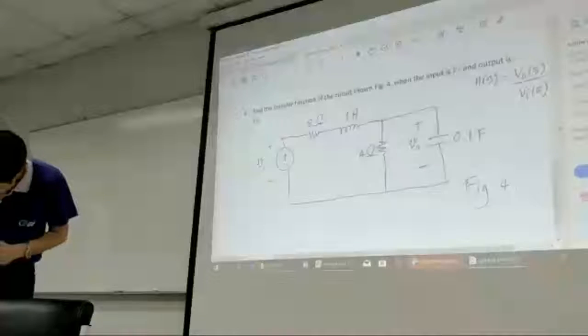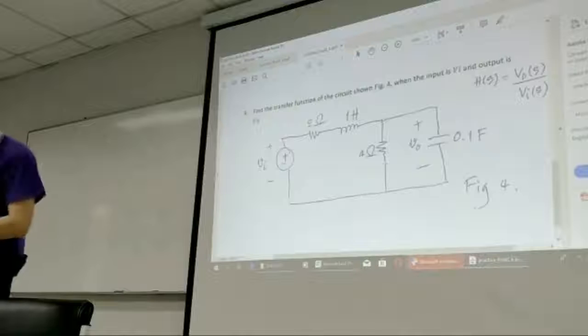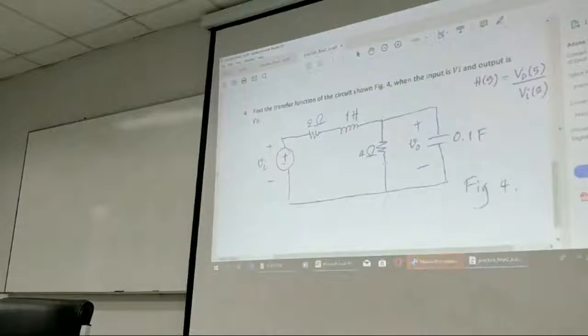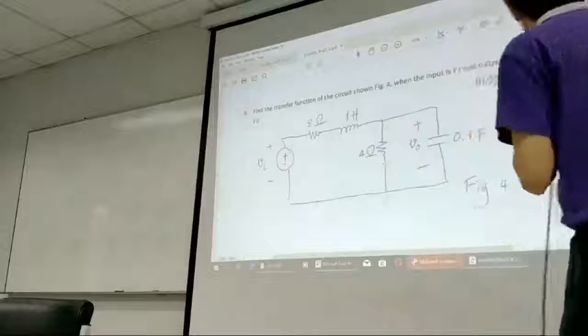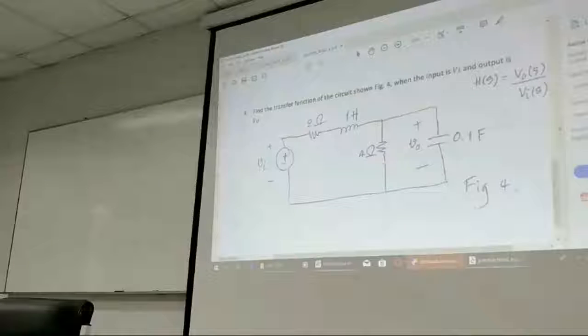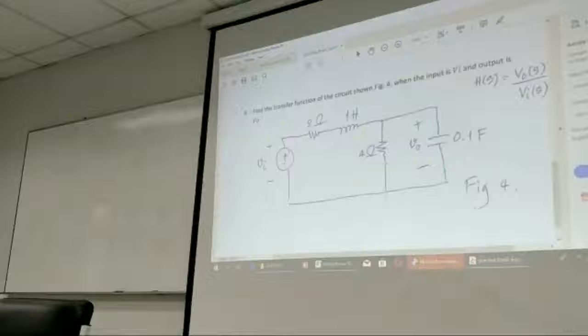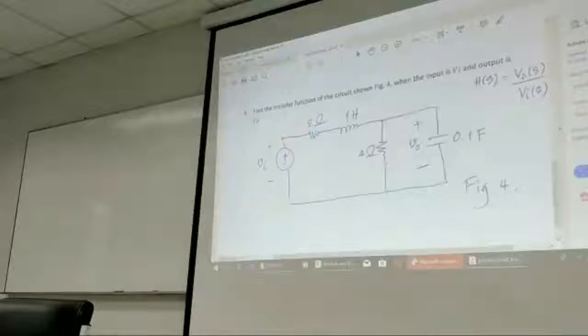So we have V input divided by S plus 2, and on this side we take the V output out, and the coefficient is 1 over 4 plus S over 10, and plus 1 over S plus 2.